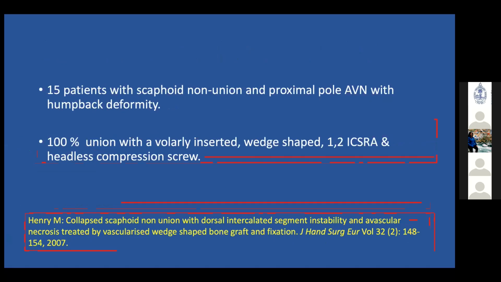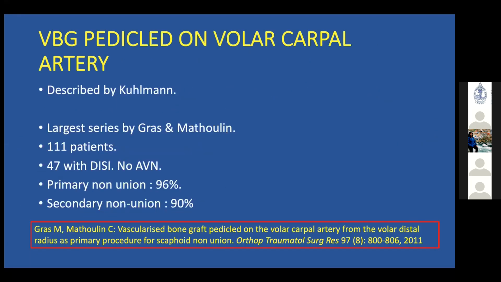They achieved 100% union with a 1-2 ICSRA. So these are all, as I said, described by different persons. Dr. Mathulan is actually a pioneer in wrist arthroscopy also. He does the scaphoid non-union fixation arthroscopically.